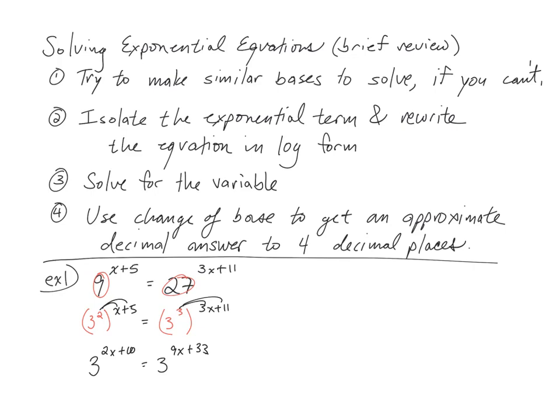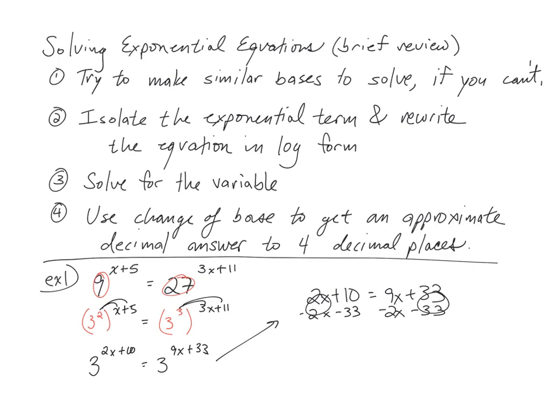From here, now that we have similar bases, we can set the exponents equal to each other. So 2x plus 10 equals 9x minus 33. I can subtract 2x, that'll cancel those out. I can subtract 10 to isolate my x's on the right side of this equation.